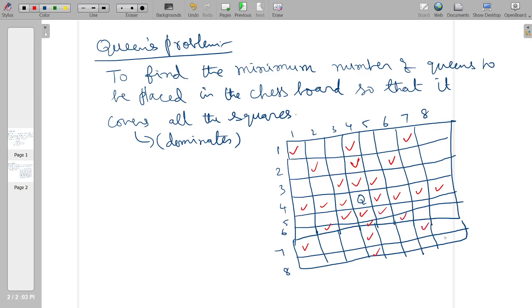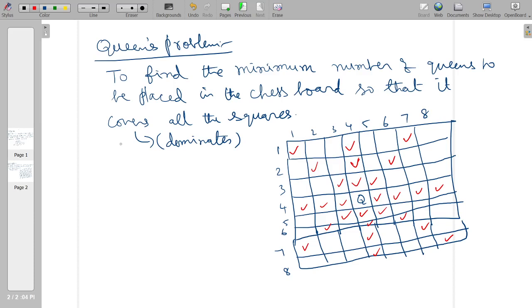So this queen covers so many squares. So now what I have to do is find the minimum number of queens to be placed so that it covers all the squares. So this is again a beautiful problem. You can try this.